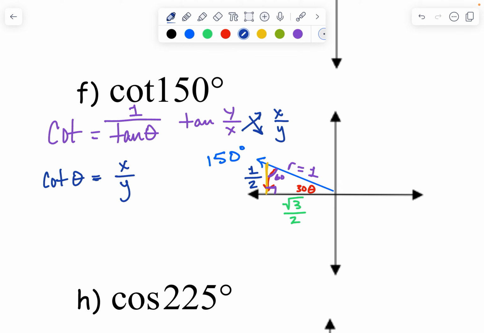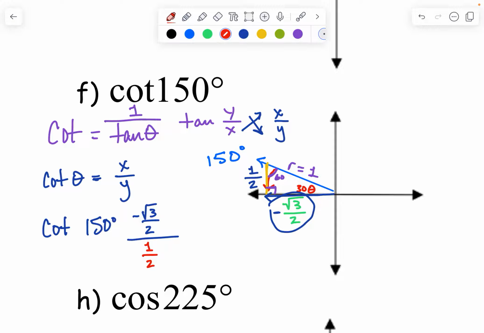For cotangent of 150, I just need to find my x right here. Now I did forget one little detail about this. It's negative because I had to go left. So it's negative square root of 3 over 2 divided by my y, which is positive 1/2.